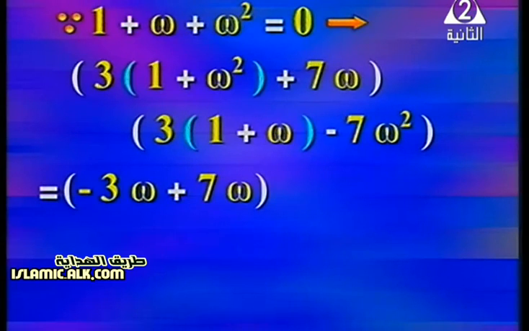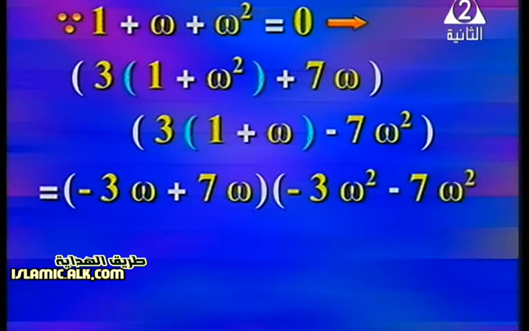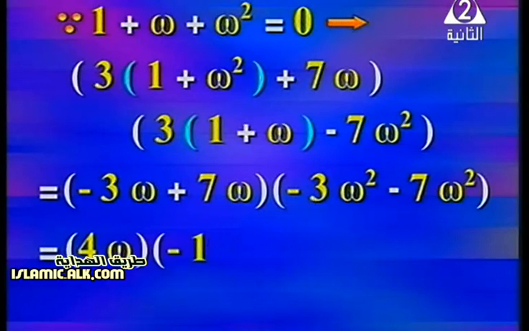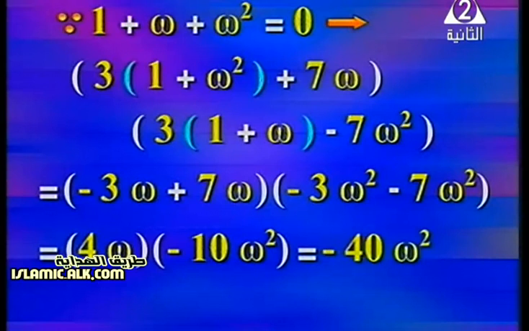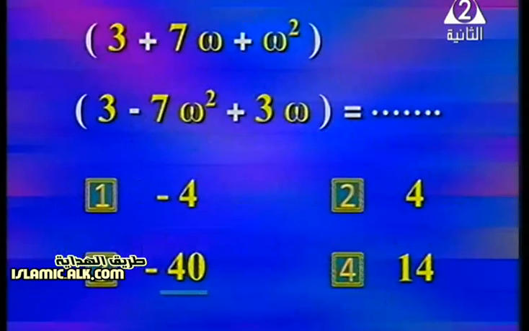Negative 3 omega plus 7 omega, multiplied by negative 3 omega squared minus 7 omega squared. The first equals 4 omega, the second equals negative 10 omega squared. When multiplied, omega times omega squared equals omega to the power 3 equals 1, so the result equals negative 40. The answer is negative 40.